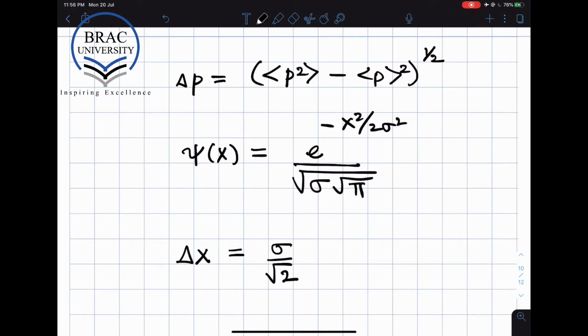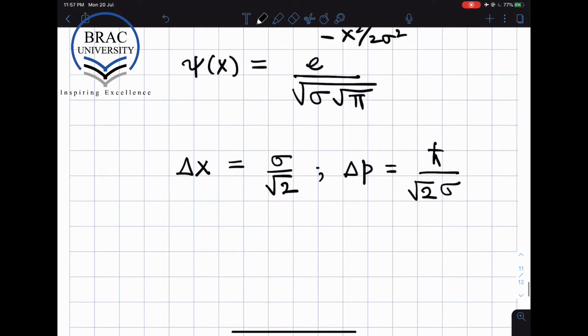And similarly, if we compute the uncertainty in the momentum of the Gaussian, then it's given by h bar divided by square root of 2 sigma.